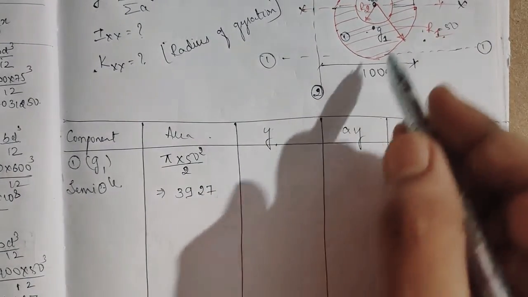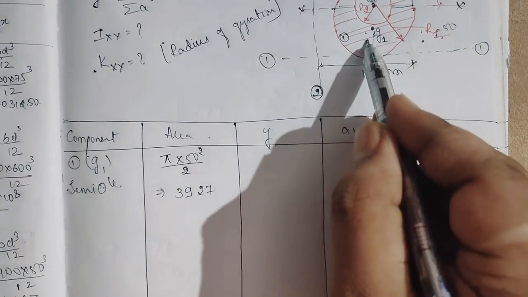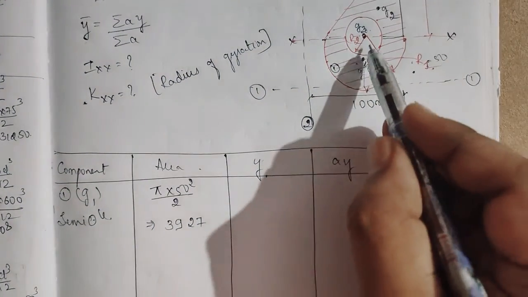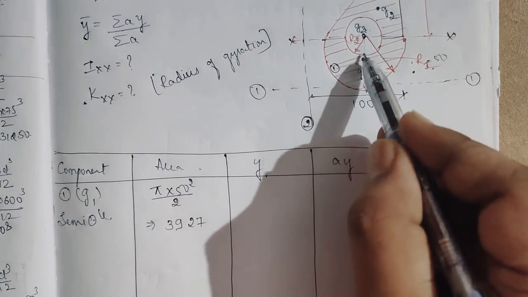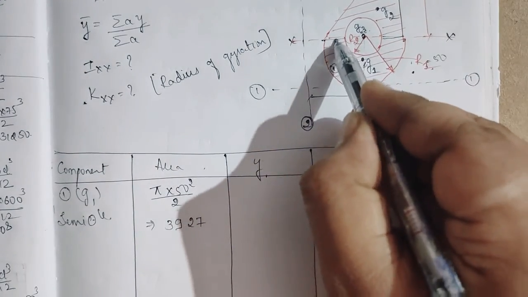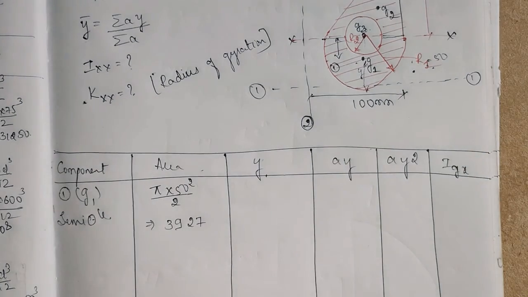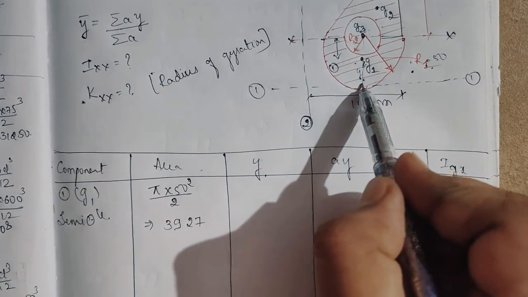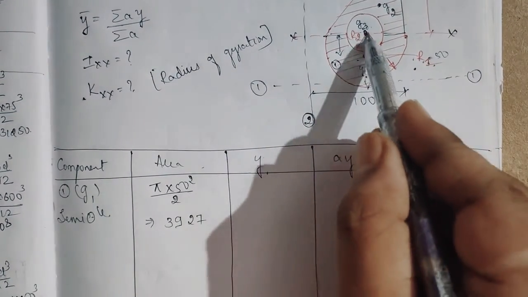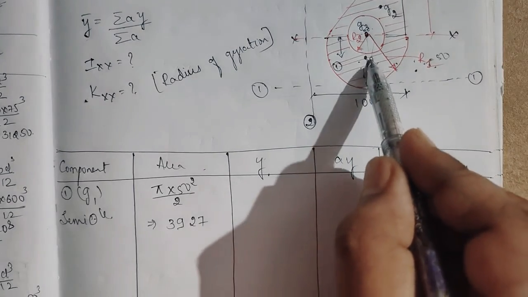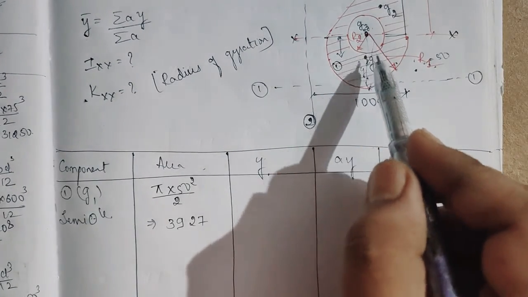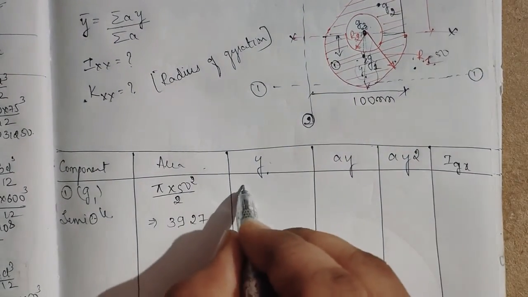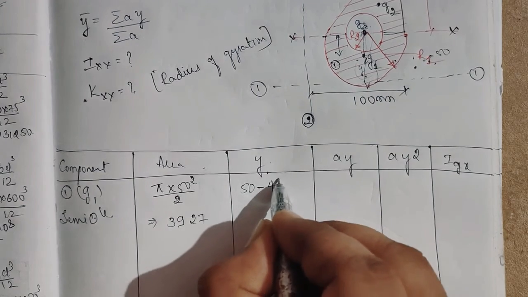Next, the value of y. It is 4r by 3 pi, correct? The value of y is from the base, from the x-axis. I want this distance. I know this distance is 50, because r1 is 50. So 50 minus this distance gives the y value, that is 50 minus 4r by 3 pi.